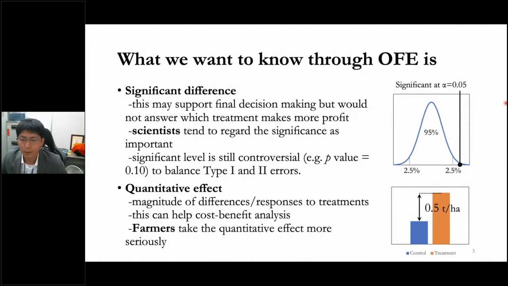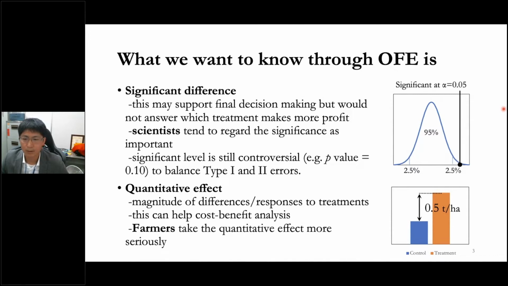We scientists always regard this significant effect of differences as important, since it becomes a kind of evidence that we want to demonstrate. The statistical significance is generally determined by probability, and the significance level is typically set at 5% for scientific research. So note that the value 5% is just based on scientific perspectives. It may not reflect the farmer's practical significance or interest.